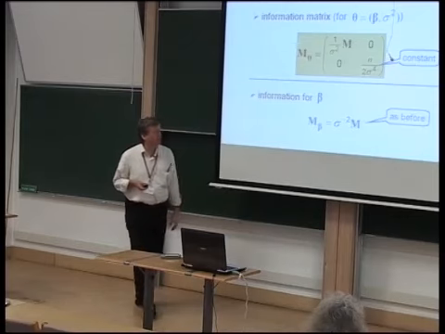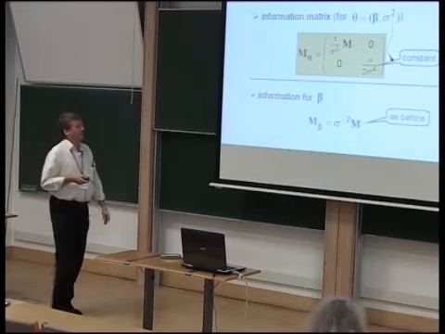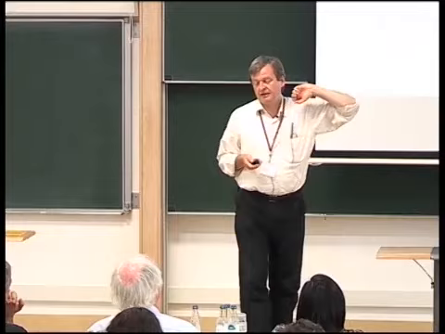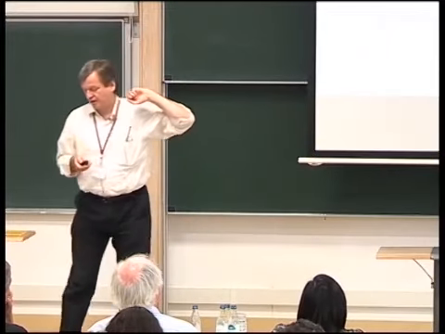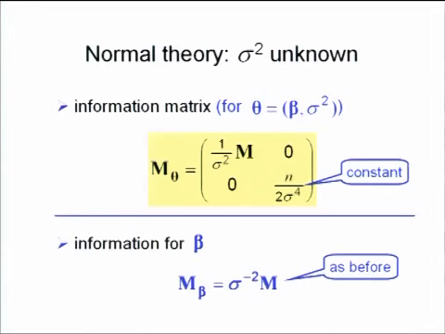So the information for the location parameter beta, which we're interested in, is not affected by whether we know the variability of the error terms or not, as long as they are homoscedastic. You'll see short examples later on that in our cases it might well be a problem.